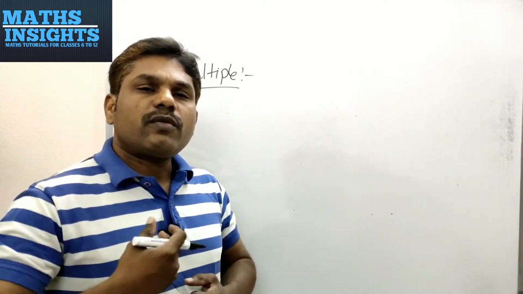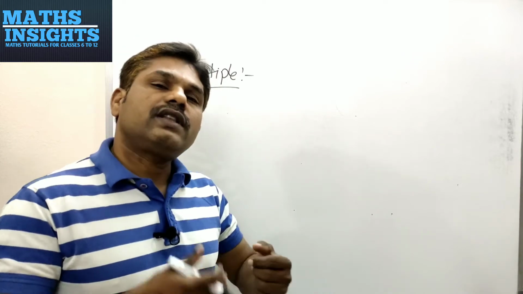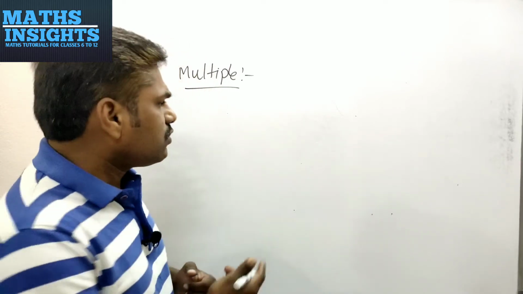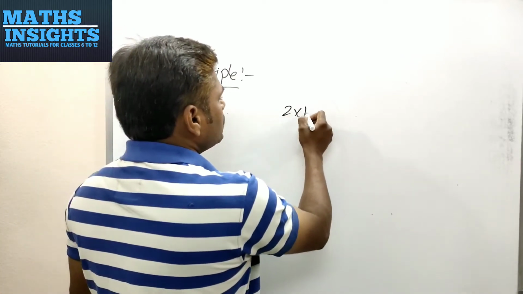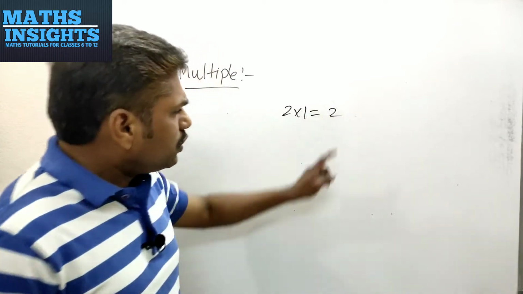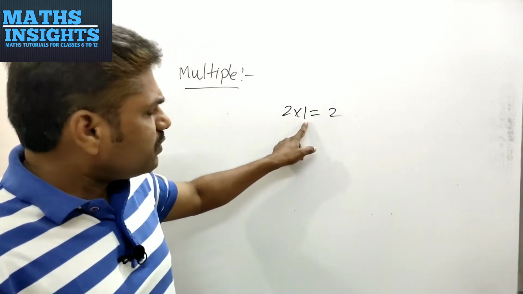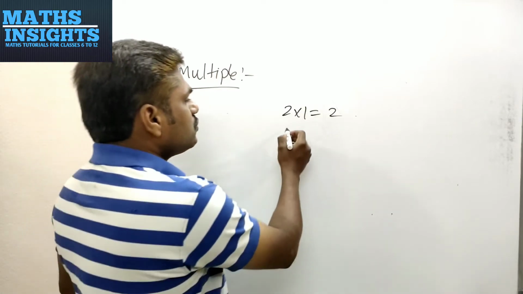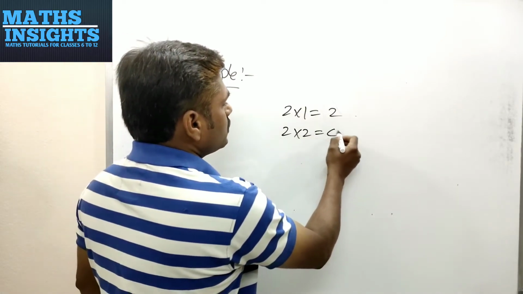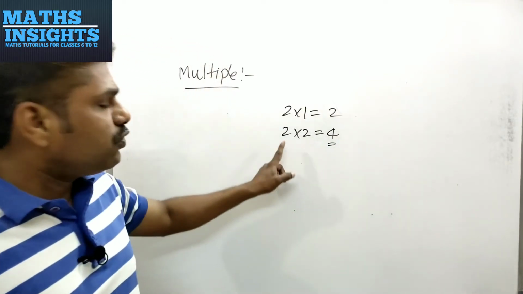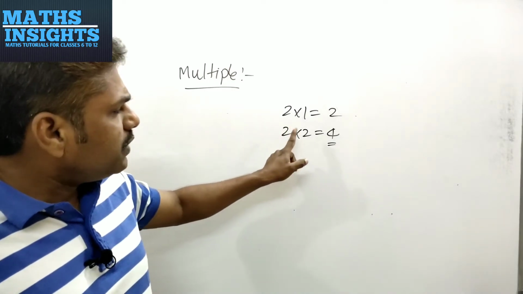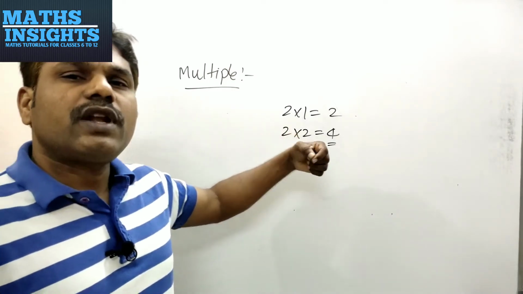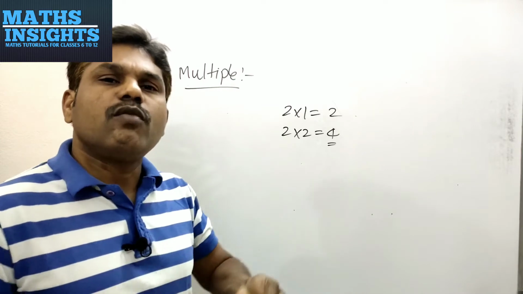Multiplied means that it has increased. So if you see, 2 ones are 2, if you take the 2 table, 2 is a multiple of 2. Why? Because you are multiplying with 1. So 2 twos are 4. So 4 is also a multiple of 2. Why? Because you are multiplying 2 with some number. That means you are making it more.